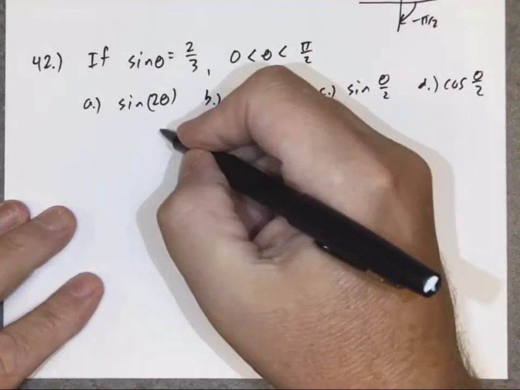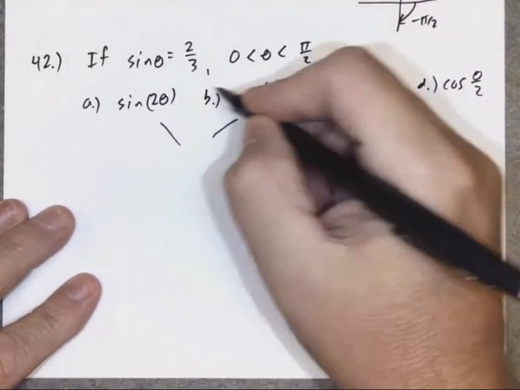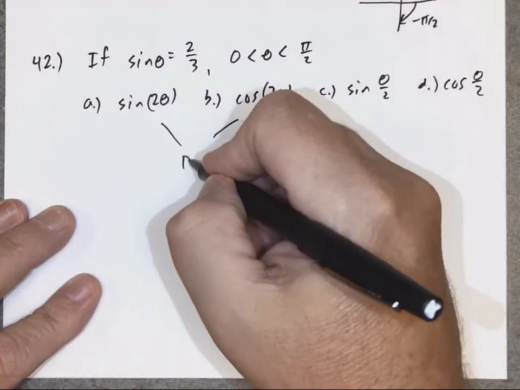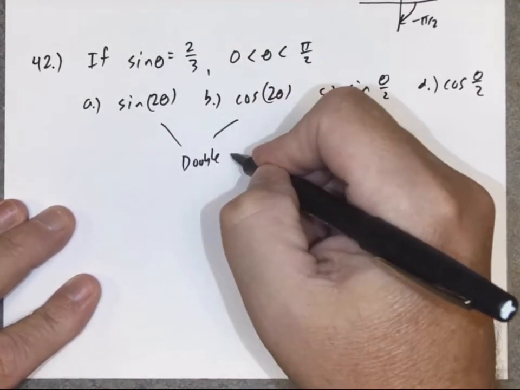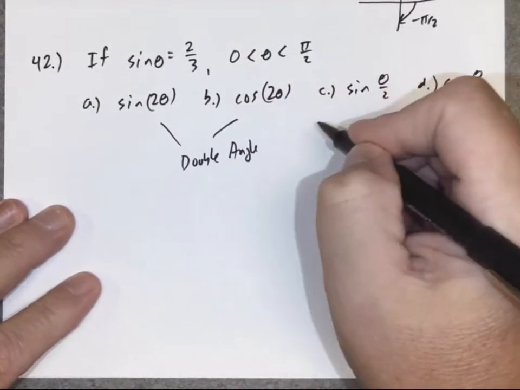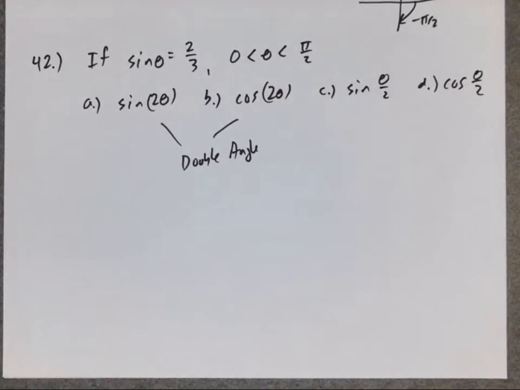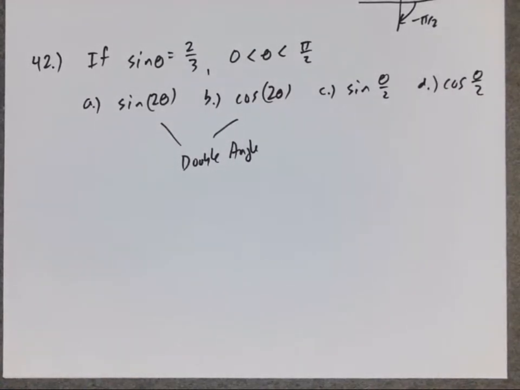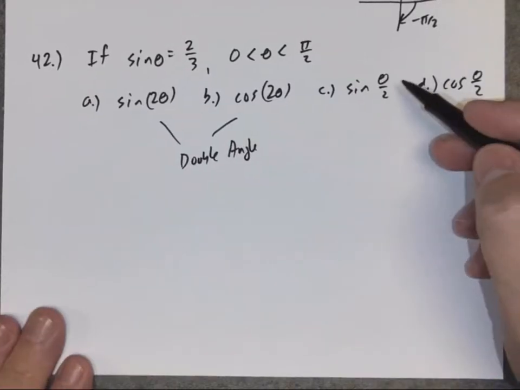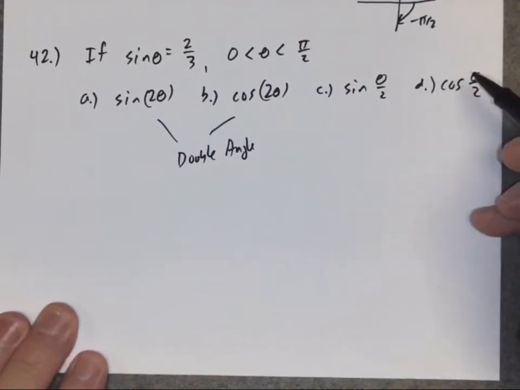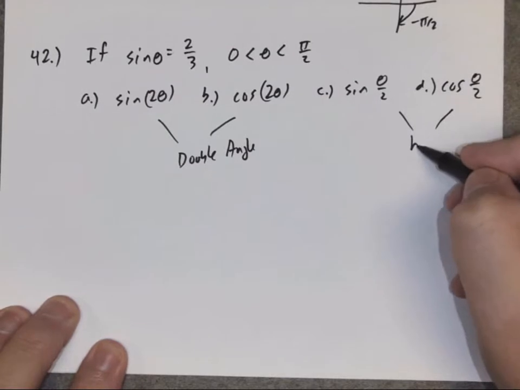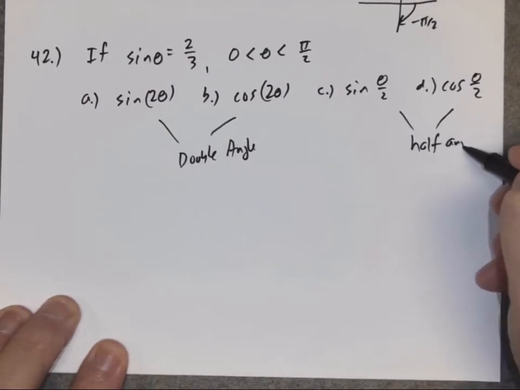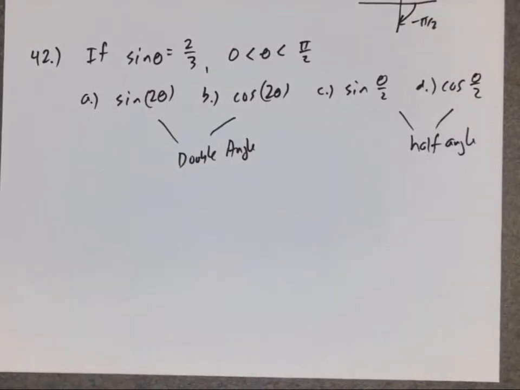Now actually, if you look, 2 theta inside, we call these double angle, because if you look on your formula sheet, you actually have some equations when you have a double angle. And here, because we have theta over 2 and theta over 2, both these are called half angles, and we have formulas for those.